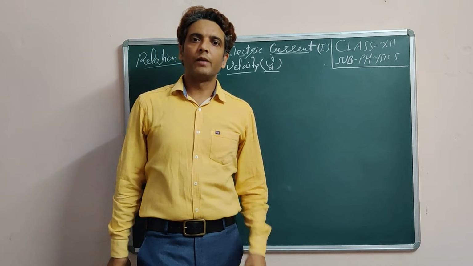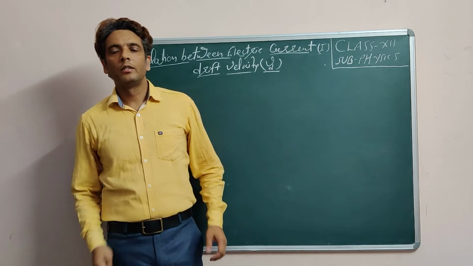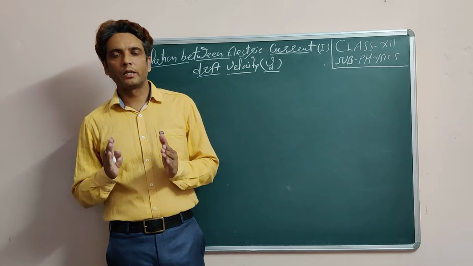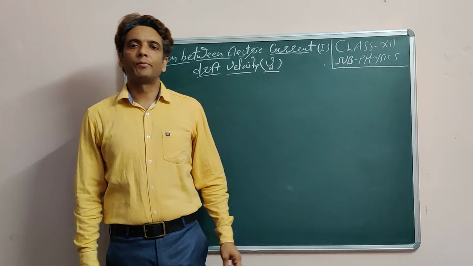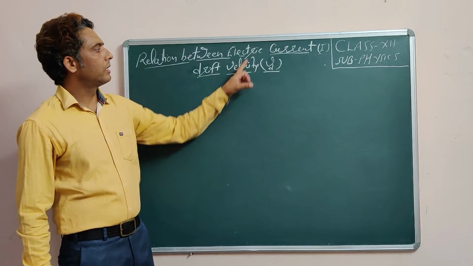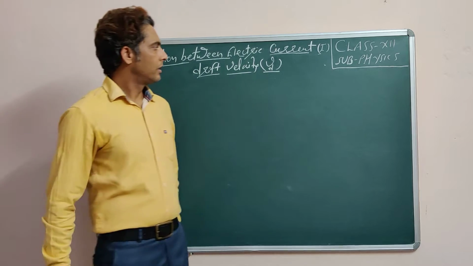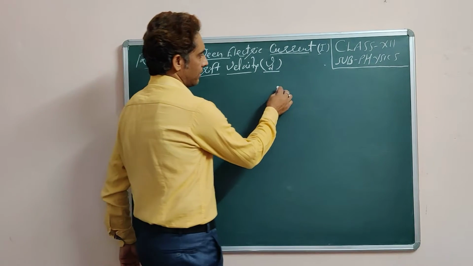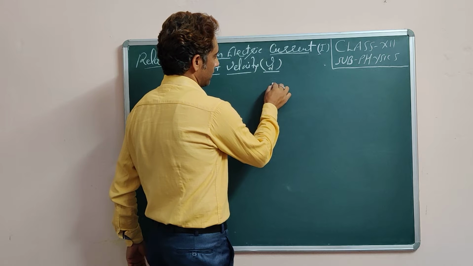In the last class, we discussed electric current, the mechanism of flow of electric current through a conductor, and drift velocity. Today, we will derive the relation between electric current and drift velocity. So let us consider a conductor.